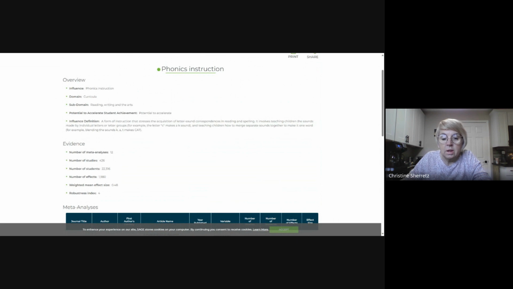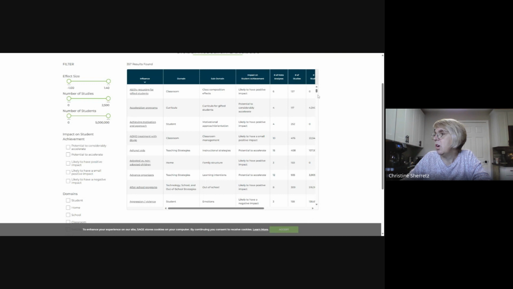So if it's done correctly, it can accelerate. So we want to do that. What's even stronger is phonological awareness. That was like 0.73.